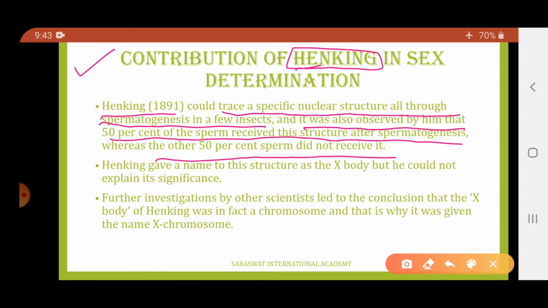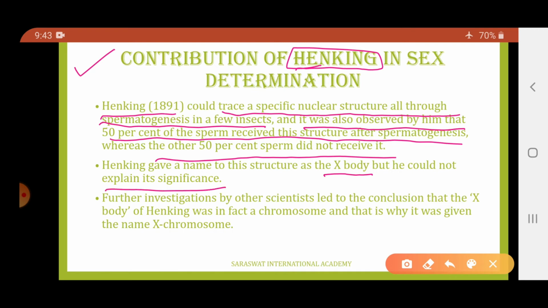So, Henking found a particular structure in the nucleus in insects through the process of spermatogenesis, and he observed that 50% of the sperms received that structure and 50% did not. That structure was named X body by Henking, but he could not explain its significance.